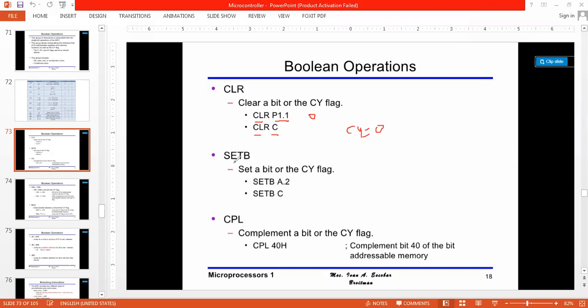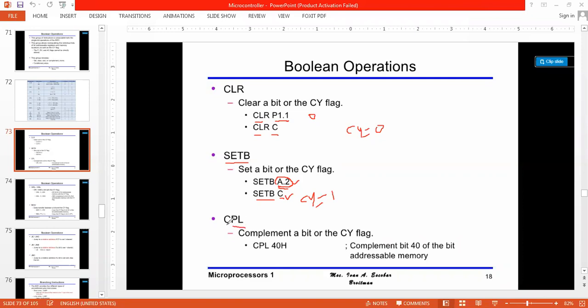Okay. Set bit: SETB A.2, SETB C. A is the accumulator register, and dot 2 means the second bit, A0, A1, A2. The third bit is going to be set, and here carry flag is equal to 1, CY equal to 1.